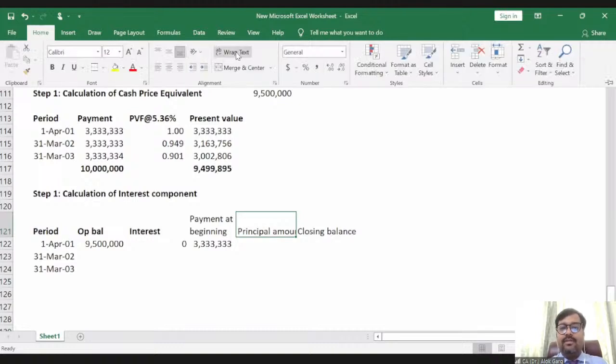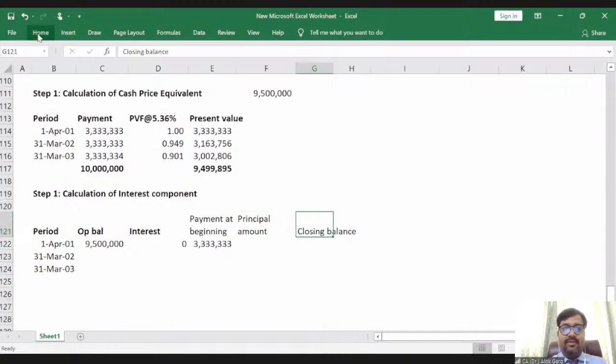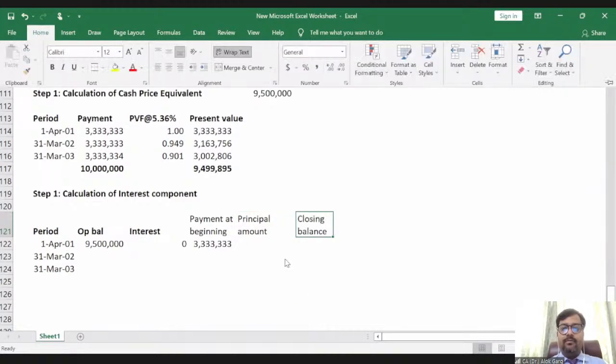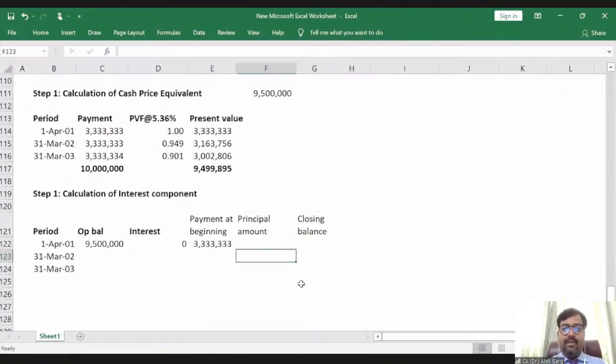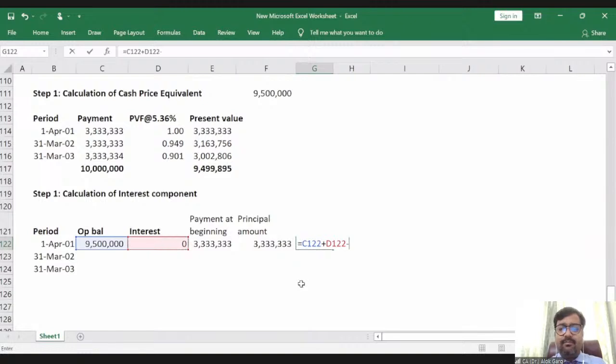There is no interest, guys. What is my closing balance? 95 lakh plus interest minus principal: 61,66,667, right?